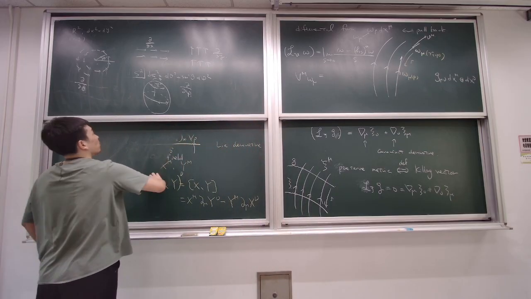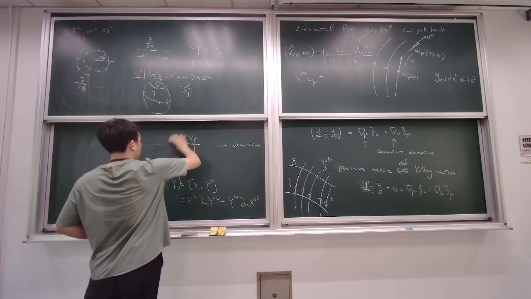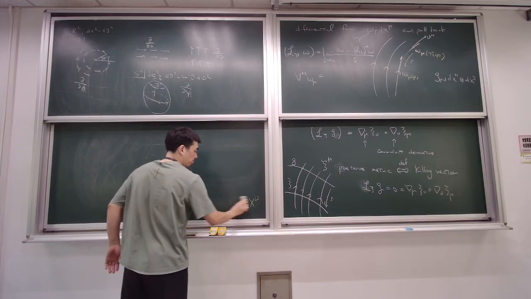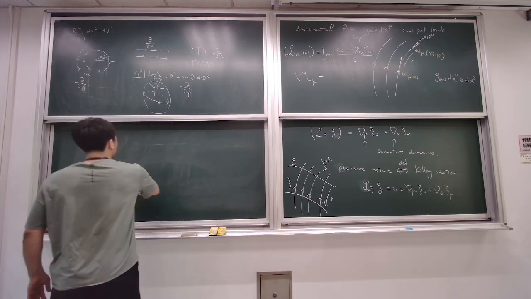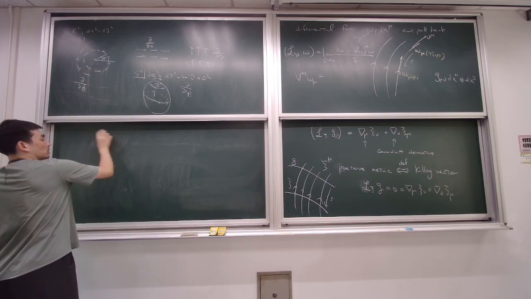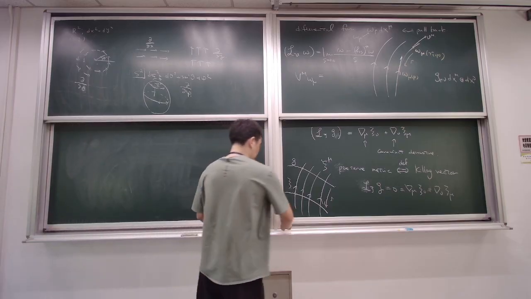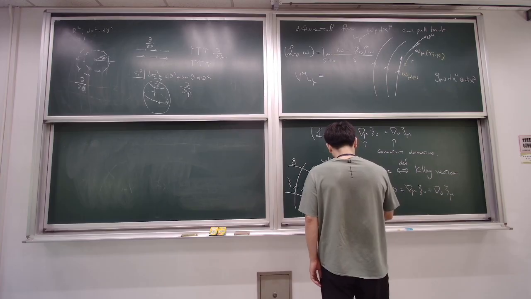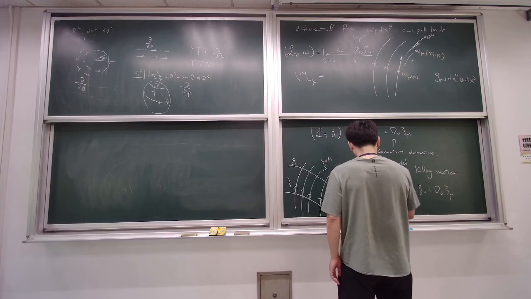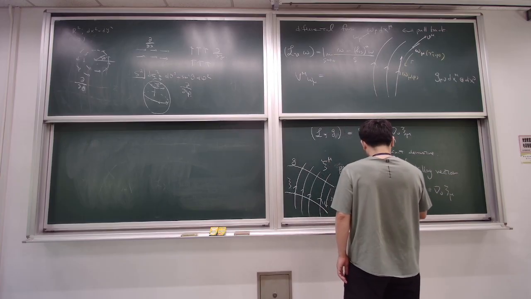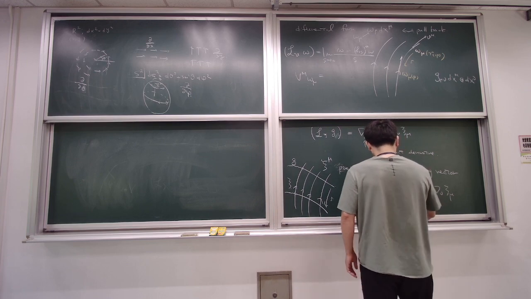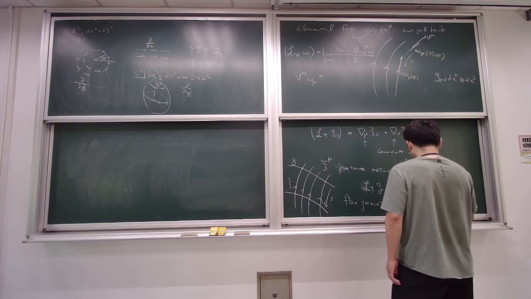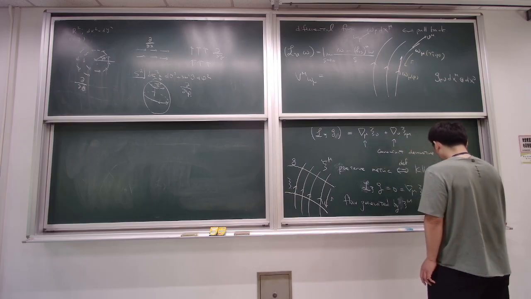Because the flow generated by this vector field is indeed an isometry. So this means that the flow generated by C mu is an isometry.